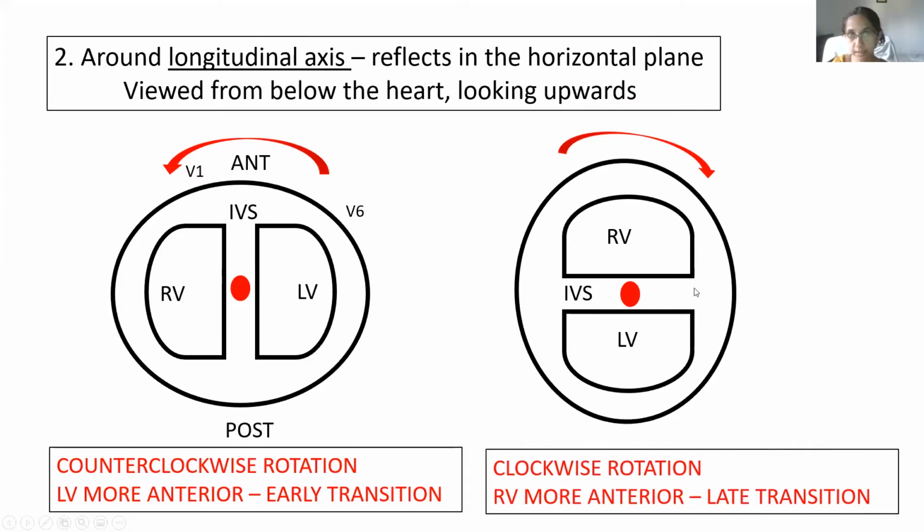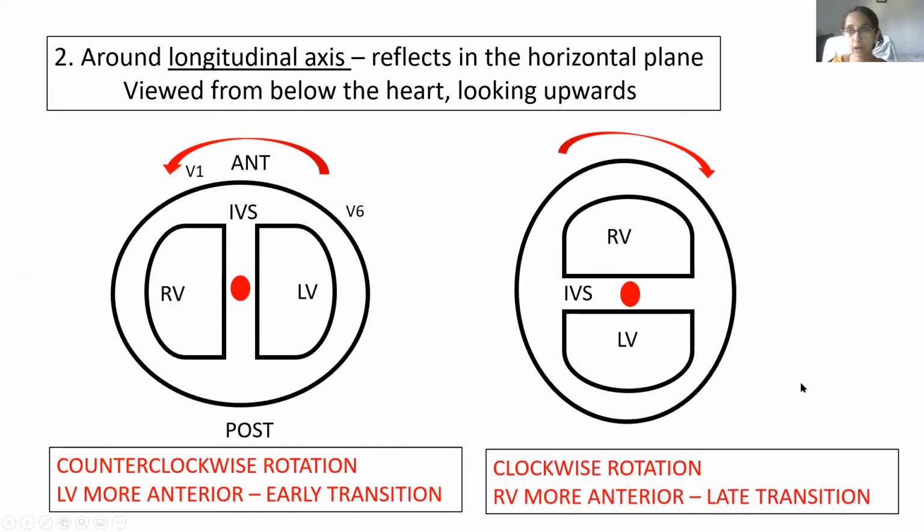So you need to see in the precordial leads. We know that we have leads from V1 to V6 and we need to see from V1 to V6. How do I understand if it's a counterclockwise rotation? I will have my transition earlier in V2 or even V1. And if it's clockwise rotation, then I have my transition as late transition. Late transition means it happens in V5, V6.